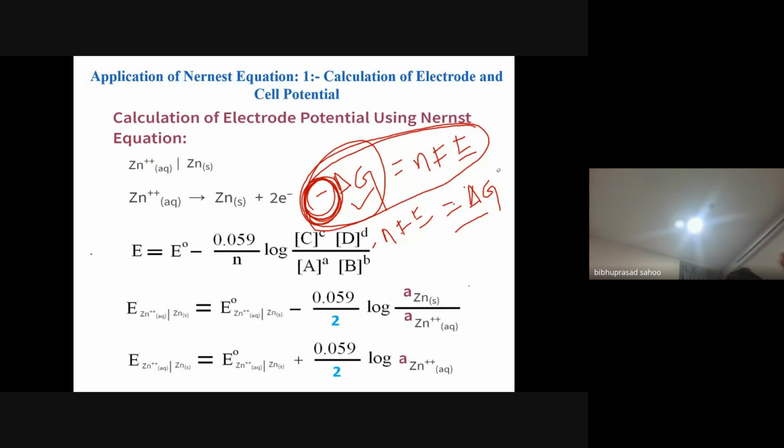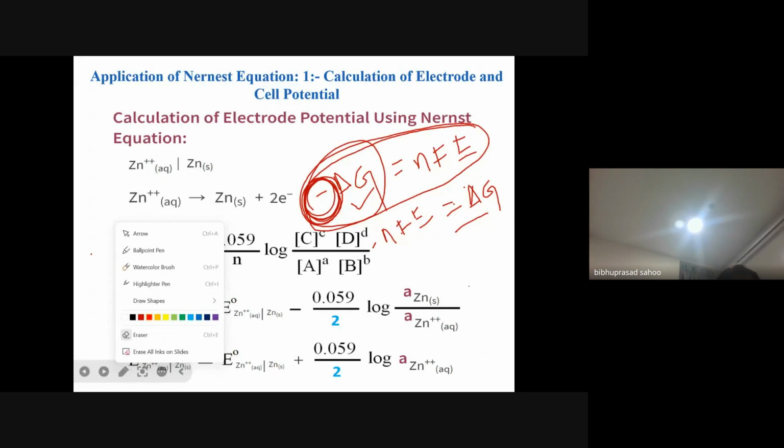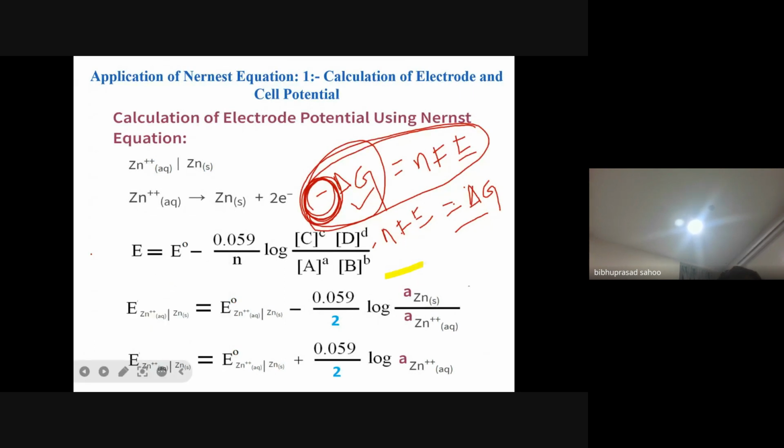So suppose in an electrochemical reaction, you are getting some electrical energy. That means the chemical energy decreases, and you are getting electrical energy. So minus means the decrease in chemical energy appears in the form of increase in electrical energy.